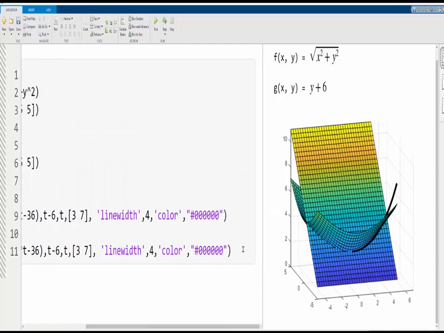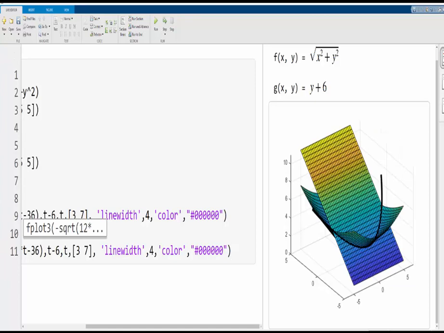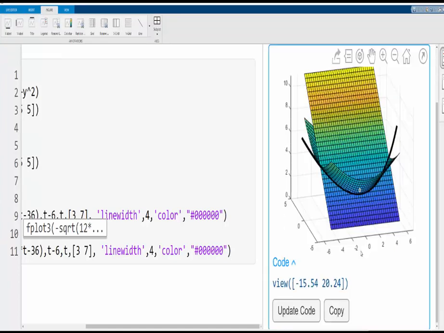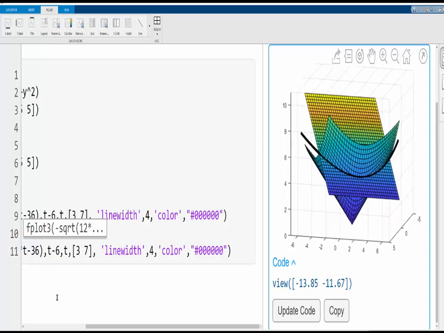Okay, all right. So Control Enter, and the graph will show up. Okay, it's taking a little longer. Okay, all right. So here it is. Yes, so the graph is here. We can see it's going through the intersection.